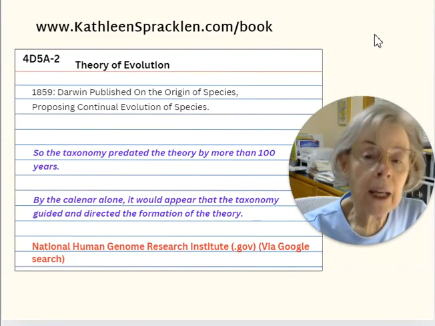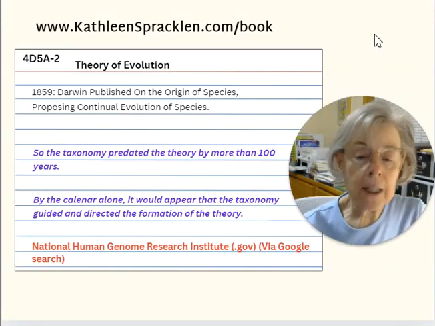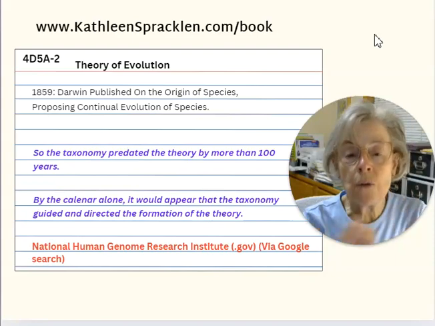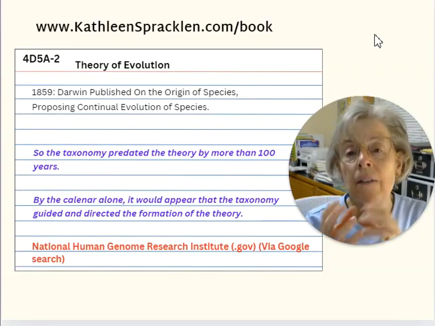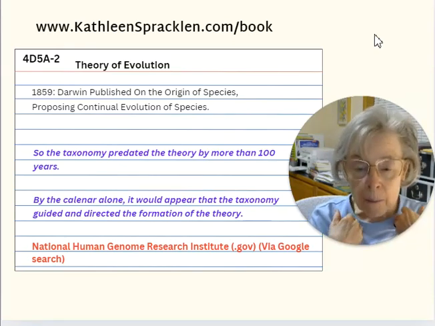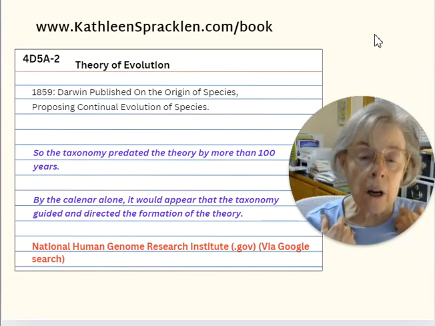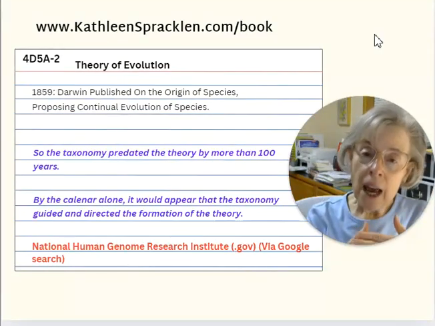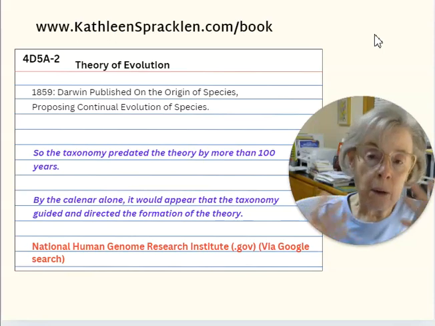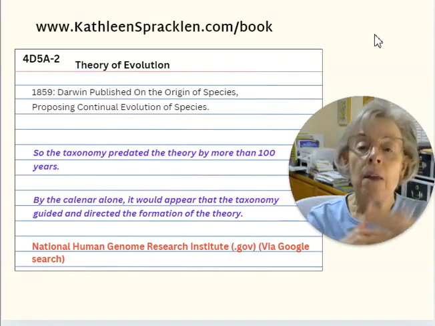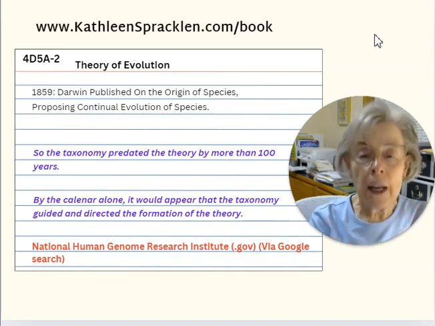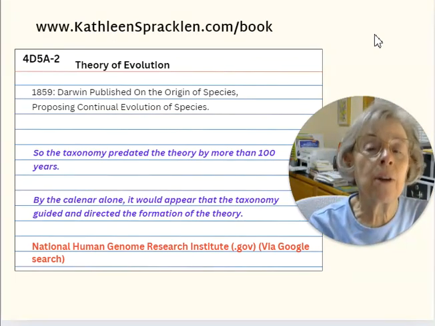So by my reckoning and my math, if we have a highly useful combination of a taxonomy and a theory, it appears to my humble eyes, just based on the calendar, that if one aided the other, then it would necessarily be true that having a useful taxonomy helped create and guide a theory.